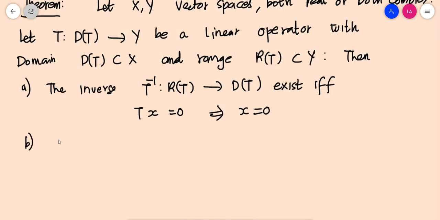The second condition, B, is: if T inverse exists, it is a linear operator.